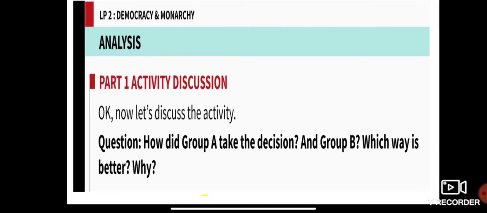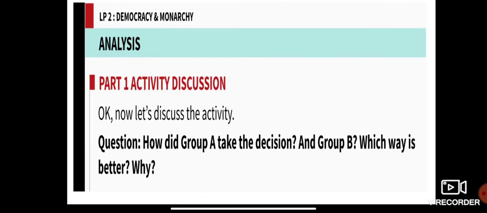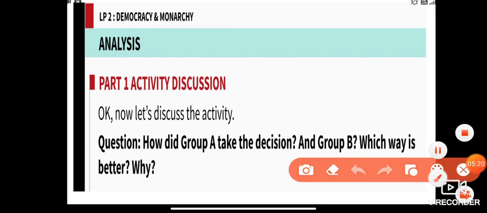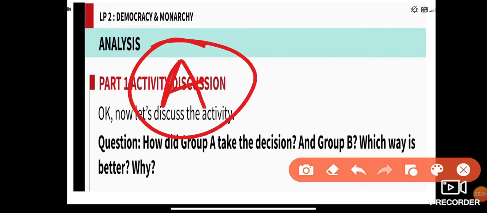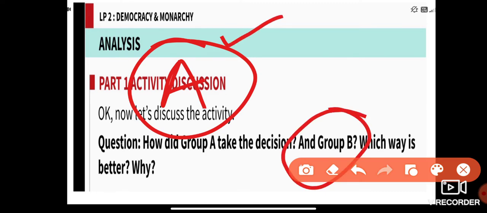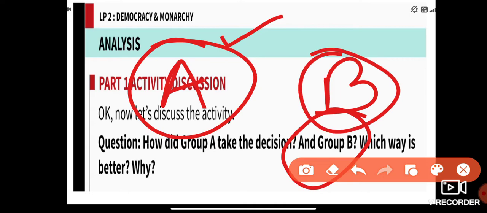Now, imagine, since you are in group A, how did group A take the decision? How did you take the decision? And how did your friend take the decision? Which one do you think is better, the decision that you took or the decision that your friend took?